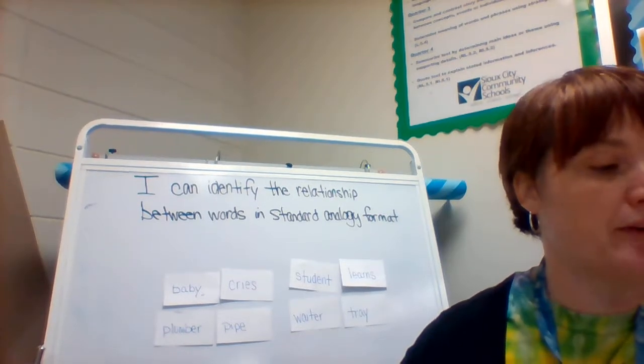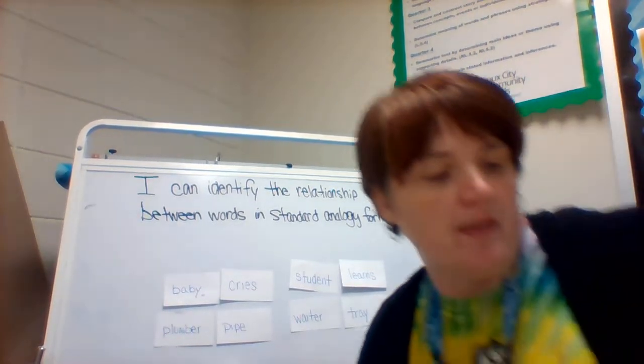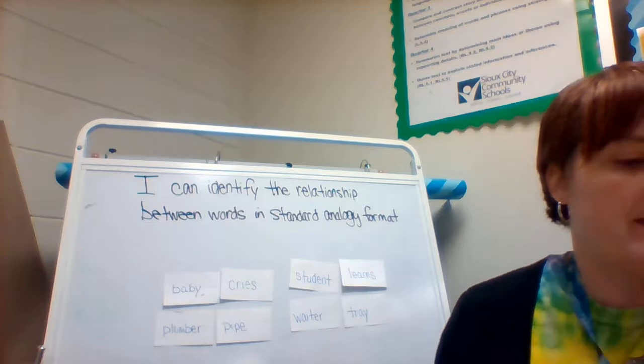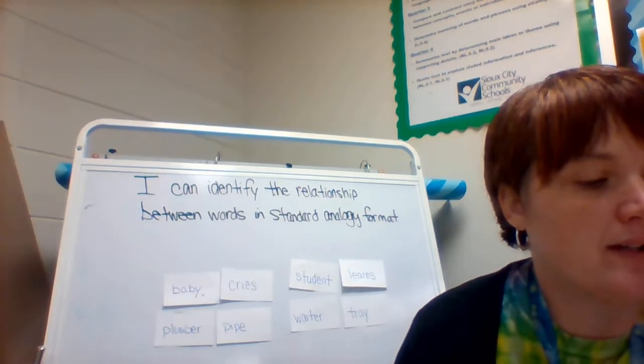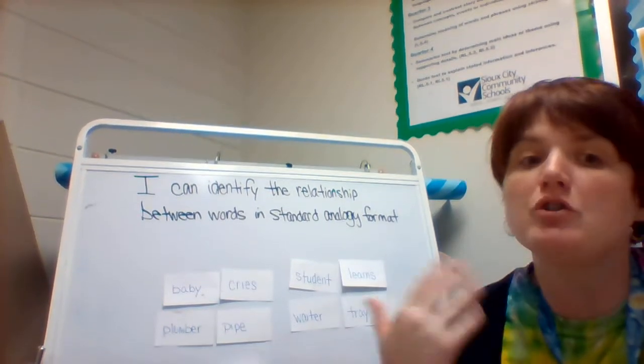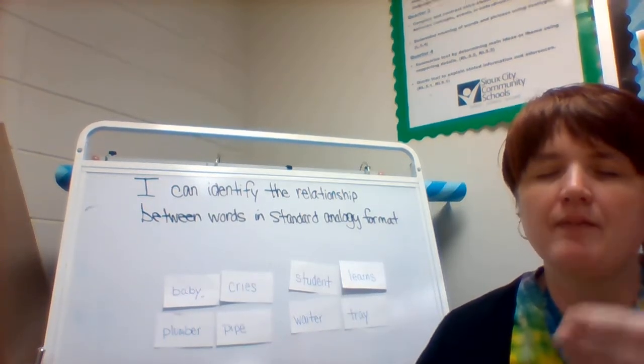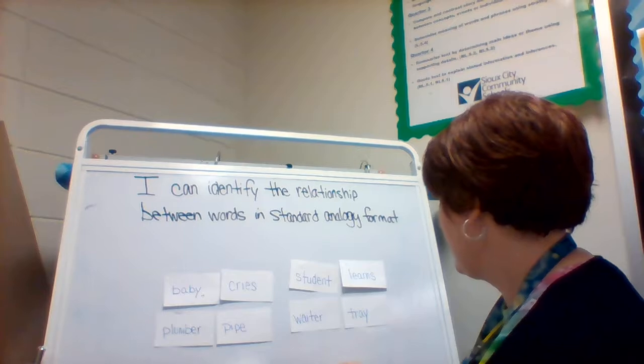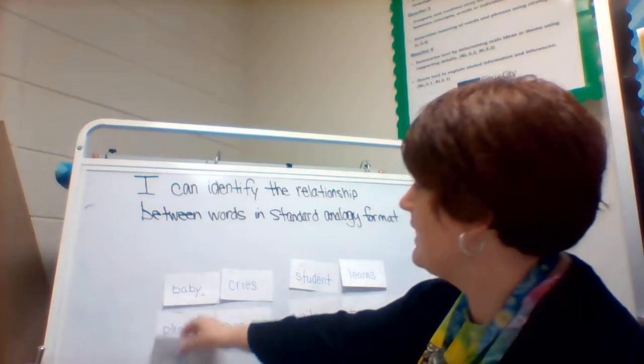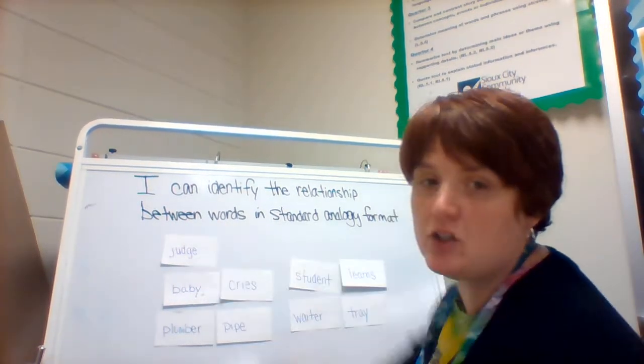There is another relationship that we can use with analogies, and this one we're going to talk about a person to a location. So a person and where you would likely find that person. So I have two people here. The first one is a judge.